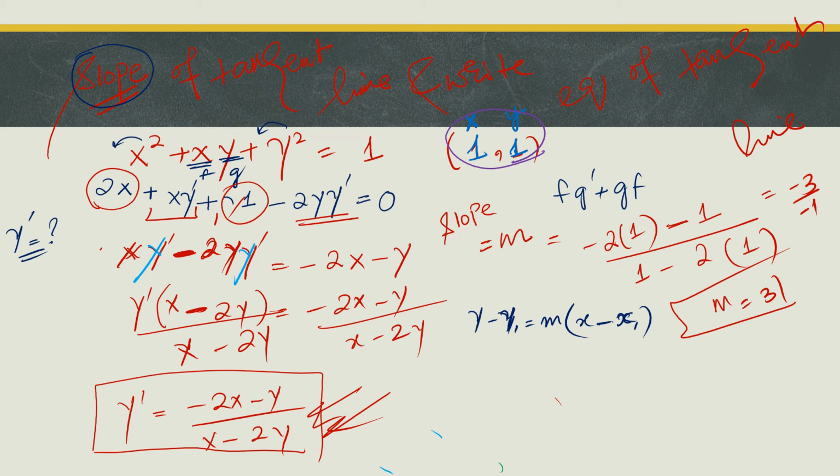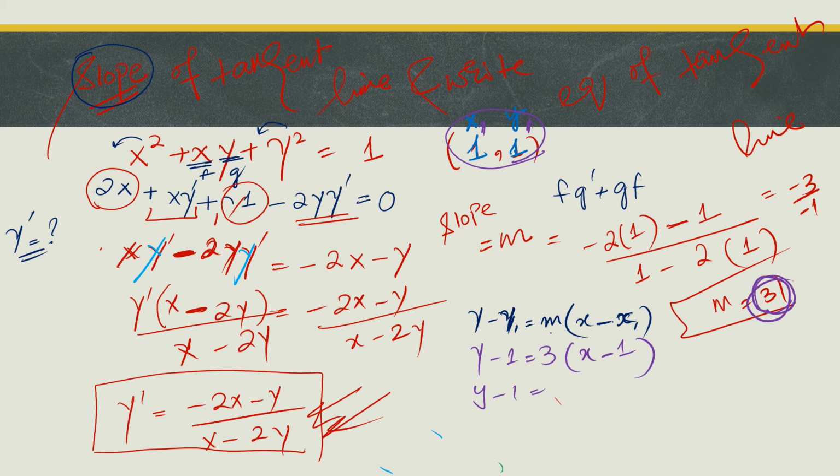So this point is x1 and the other point is y1. So write down, in place of y1 write the 1, the m is the value which you already have found, that is 3. X minus x1 is the 1, the point which is given in the question.